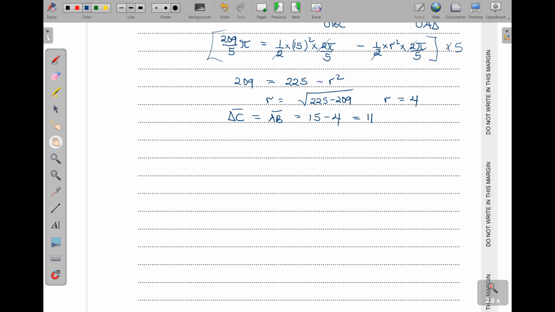So perimeter of the shaded region, remember it is the sum of the lengths around a given shape.